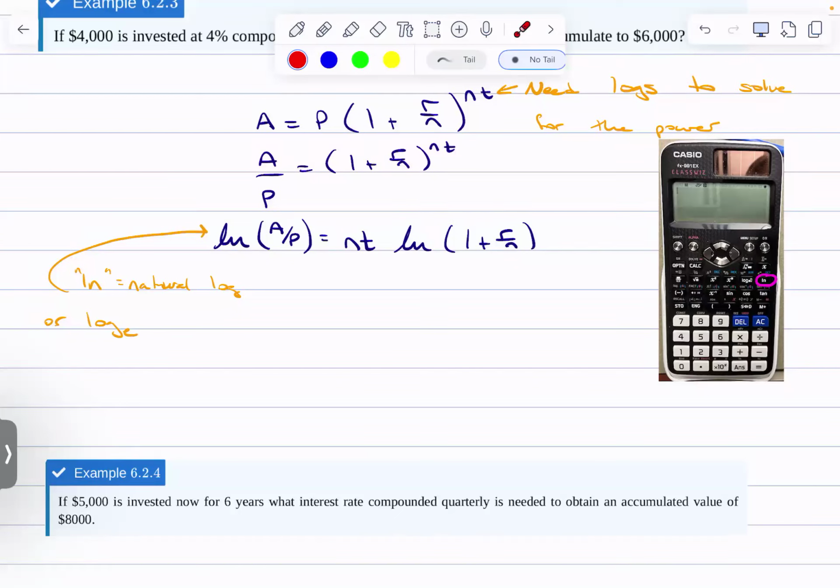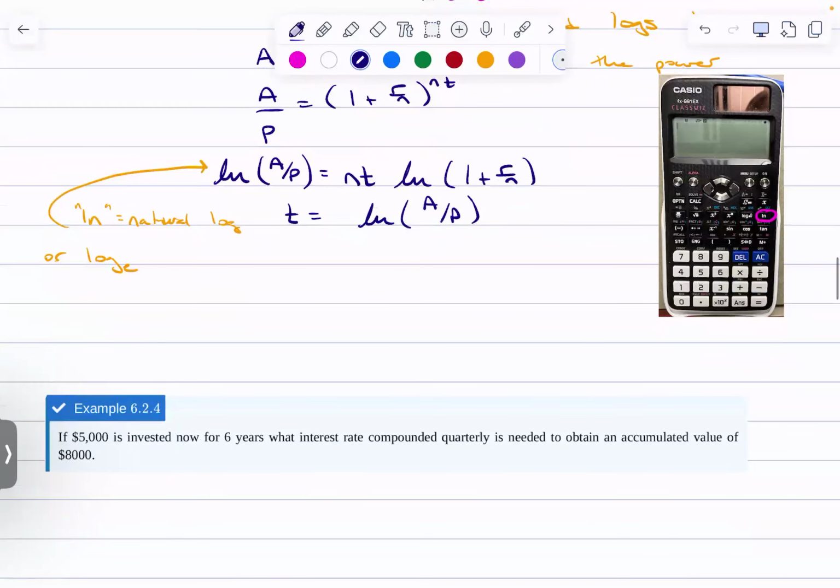We're trying to solve for t, and we're almost there, even though it doesn't really look like it. But t becomes the natural log of a over p divided by n times the natural log of 1 plus r over n.